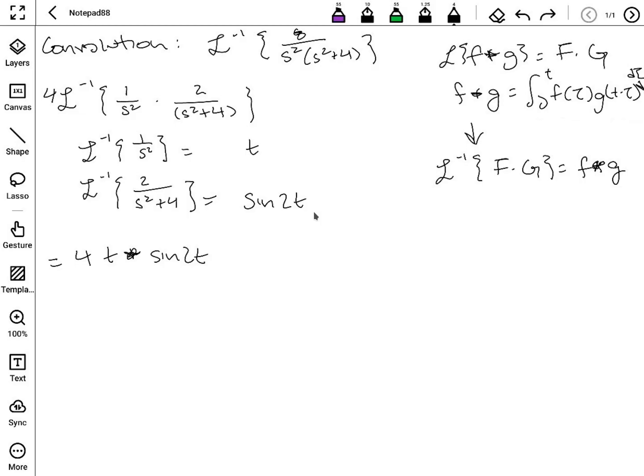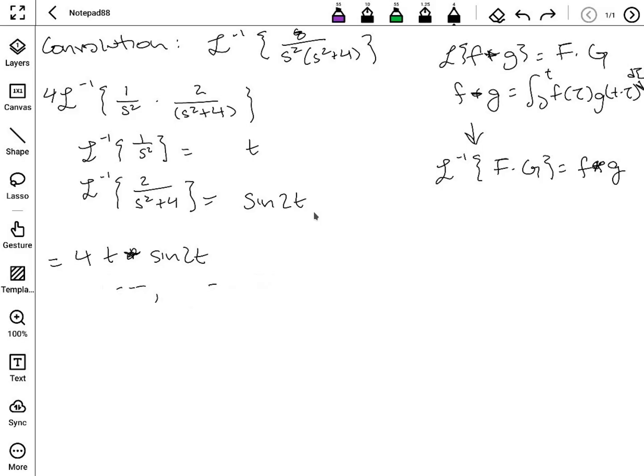So what do I think is going to be easier? I think I'm just going to keep it in the order it's in, that f is t and g is sine 2t. I don't really like putting a t minus tau inside the g. But if I don't, no, it's okay.